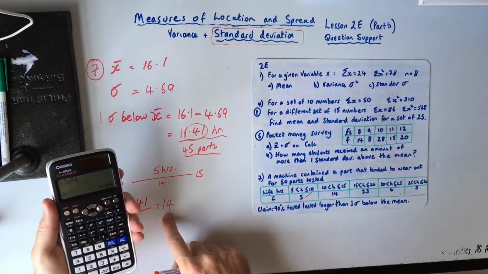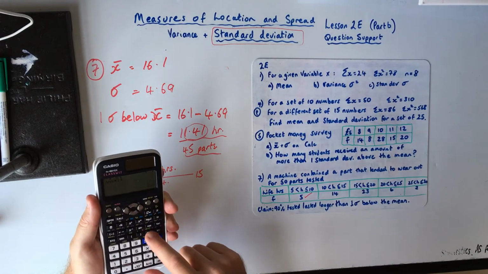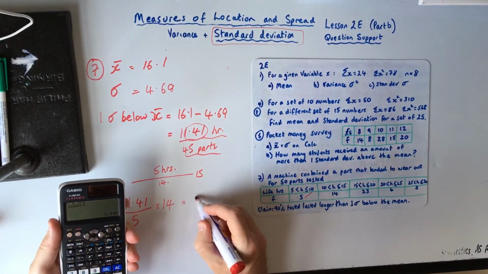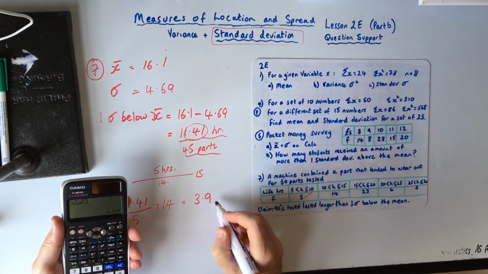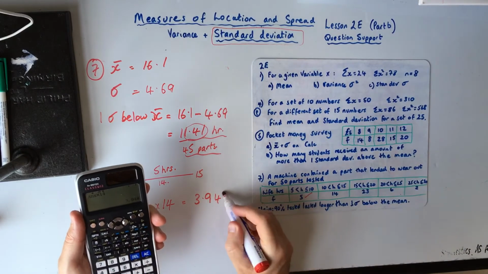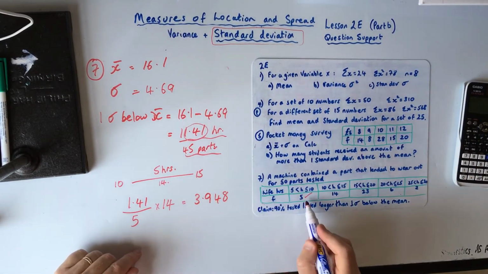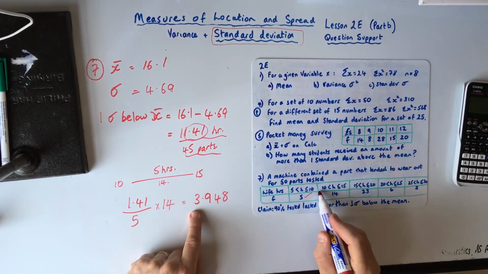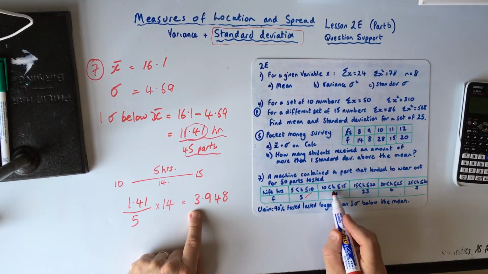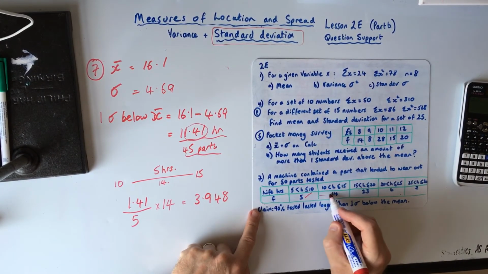So it's 28% of this, times by 14 is equal to 3.948. Okay, so that means that it's these 5 and another 3.9, in other words another sort of 4 machines into this group here.